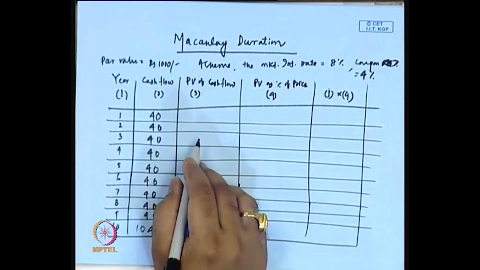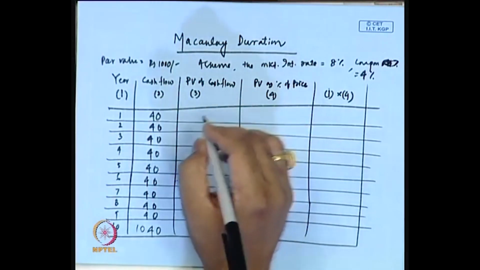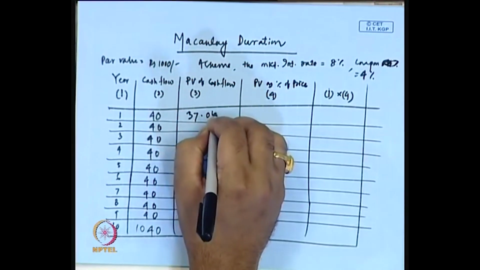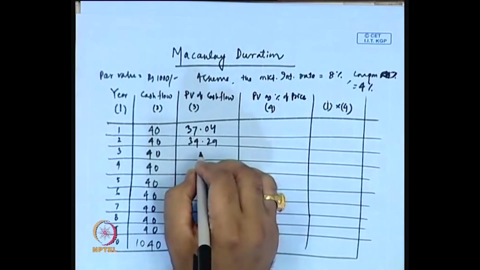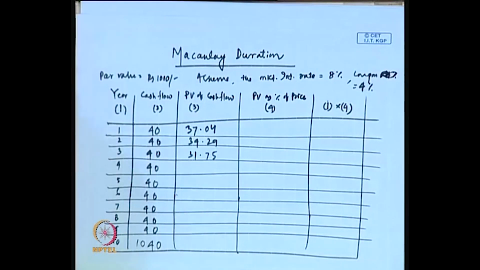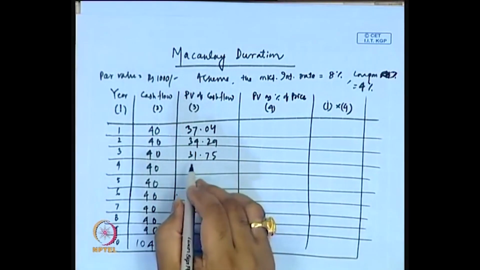Then the present value of the cash flow, if you calculate from the table, is 37.04, 34.09, 31.75. If you go on increasing your term to maturity, the present value of the cash flow will automatically decline.